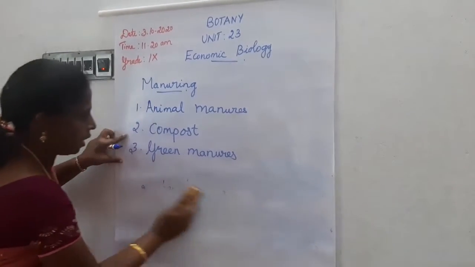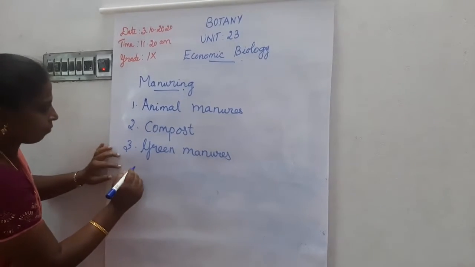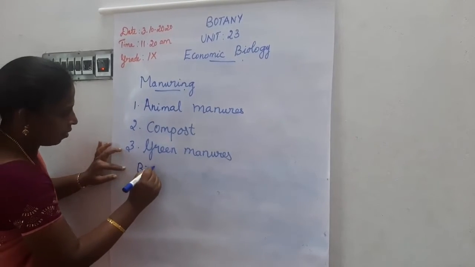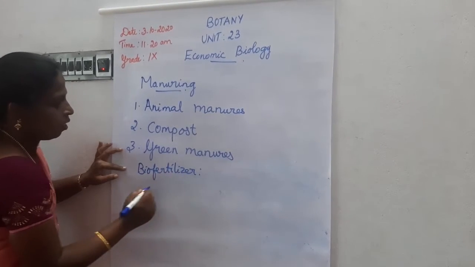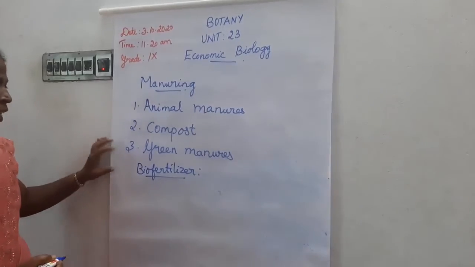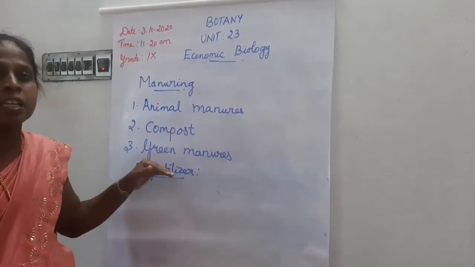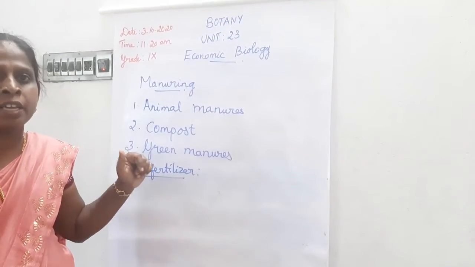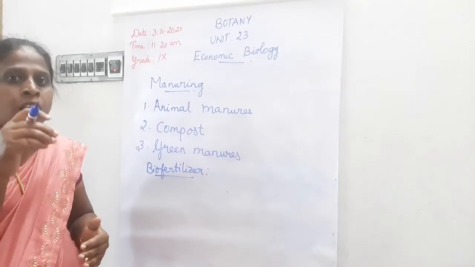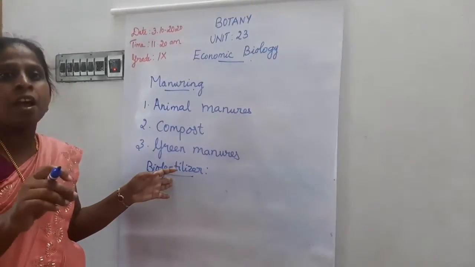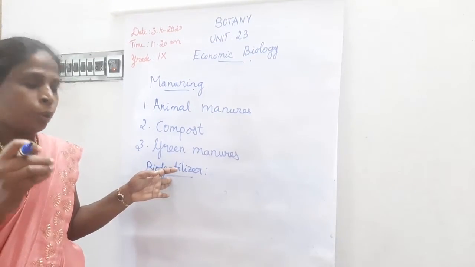What is biofertilizer? Biofertilizer is a substance which consists of living microorganisms which can be applied to the seed, or plant surface, or in the soil or in the roots.